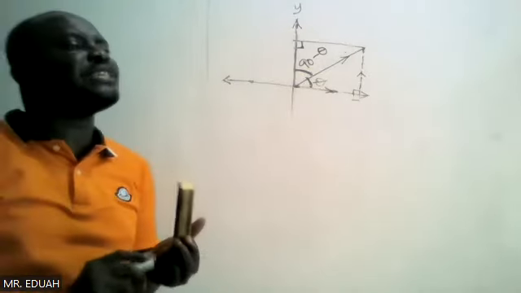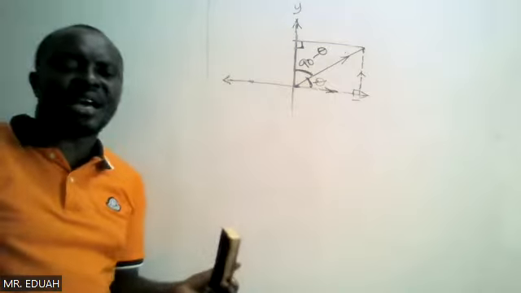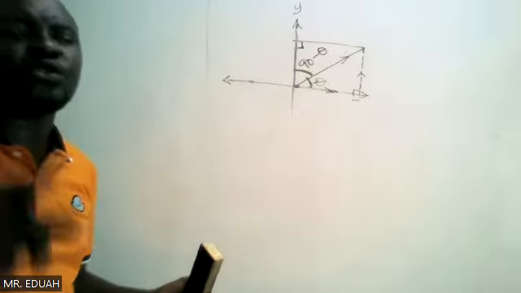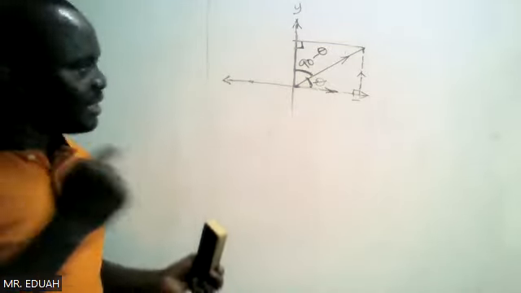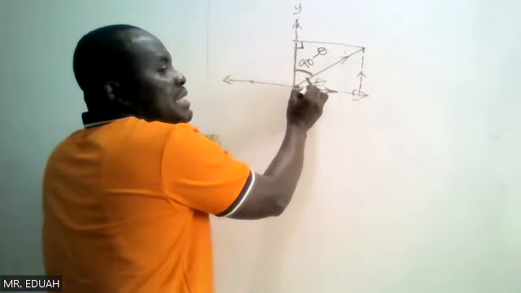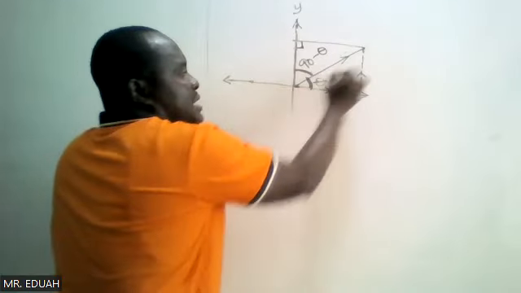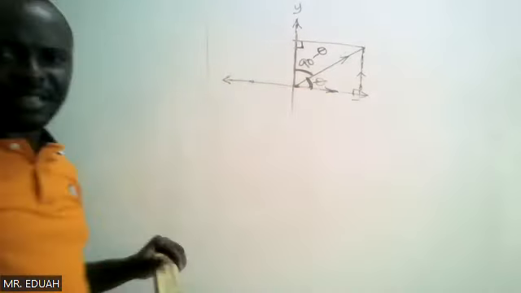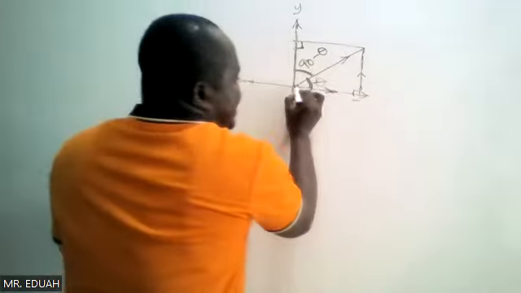So to identify opposite and adjacent, you have to consider the angle. If we are talking about this angle, then the side of the right angle triangle which is opposite to this is the opposite side. The adjacent is this.